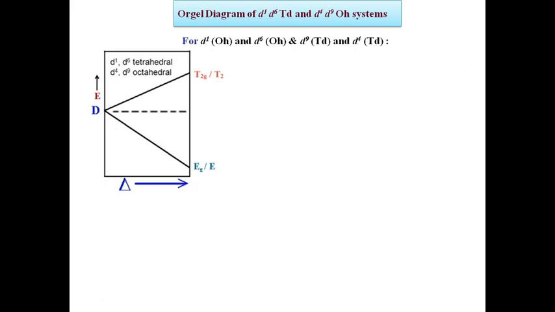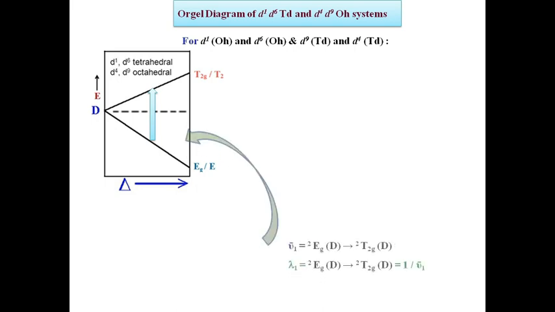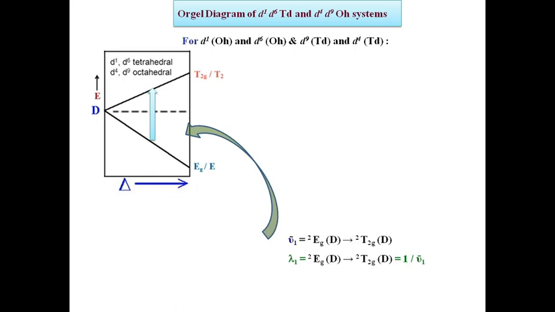The electronic transitions from E to T2 for tetrahedral and Eg to T2g for octahedral, and the corresponding energy involved, also the related wavelength, absorption region, peak positions, color, etc. can be obtained.